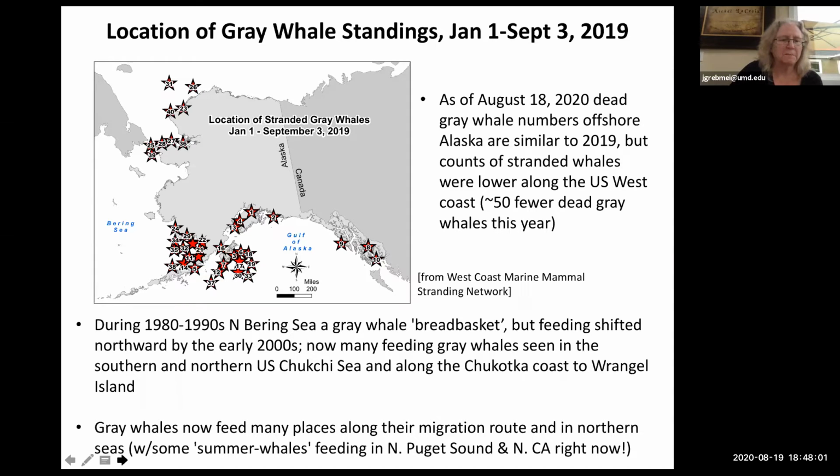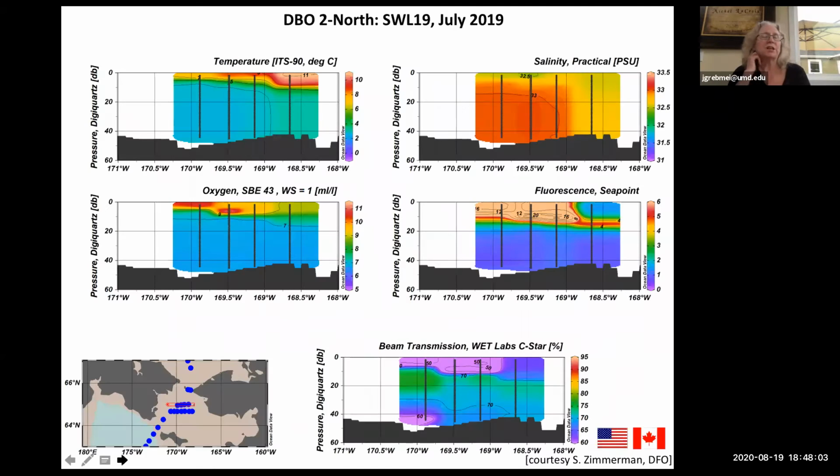So just to give you a flavor of the oceanography part of it, this is one example from our annual cruises with the Sir Wilfrid Laurier under the DBO program. The lines you're seeing here are for the work in the Chirikov Basin, and the hot colors you're seeing are temperature on the surface, and oxygen.